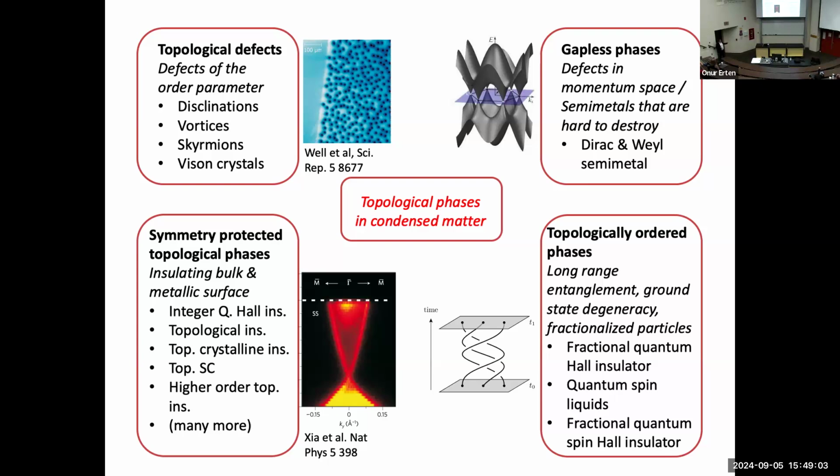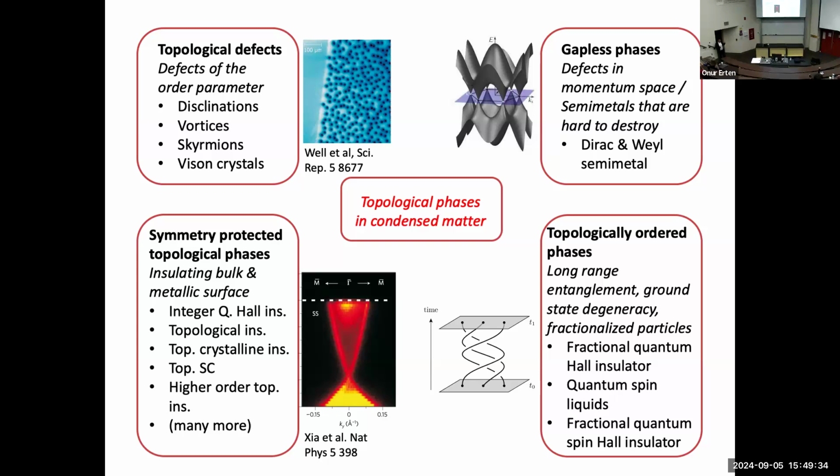And there are gapless phases which can be considered as topological defects in momentum space. So in this case, this is the band structure of graphene. You may have heard about it. It's a two-dimensional sheet of carbon atoms. And in this case, its band structure has 6 Dirac cones that are located at special points in the Brillouin zone, at the edge of the Brillouin zone. So why are these topological defects?